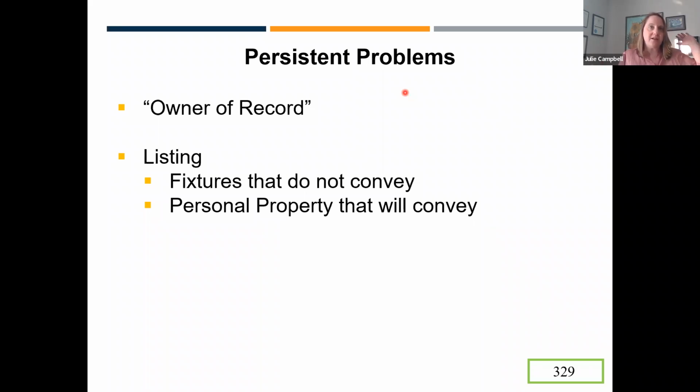So if a fixture is going to go or personal property is going to stay, that's when we put it in the offer to purchase and contract. Stop listing stuff just for the sake of listing stuff. We got a whole fixtures list in our contract that we'll see next week. And any agreed upon personal property that's going to stay.